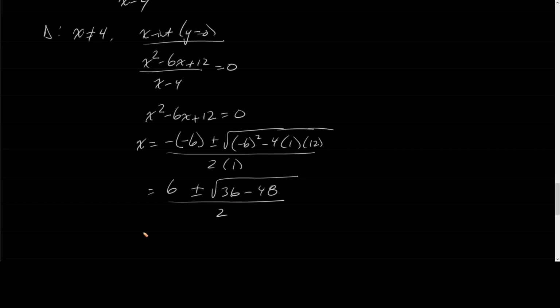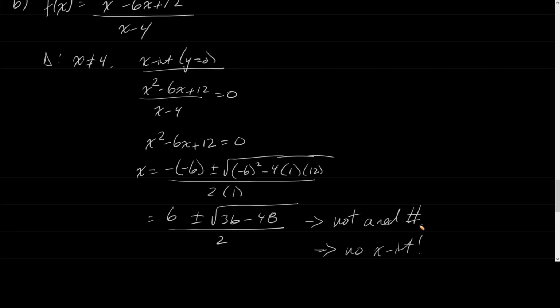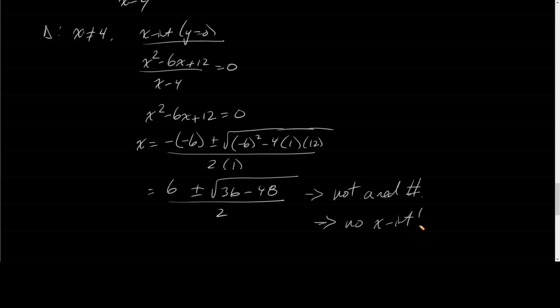So this is not a real number, which essentially implies that there's no x-intercept, right? Because there's no real number that made our function 0. There is a complex number that would make this 0, but again, in calculus overall, we don't consider complex numbers.